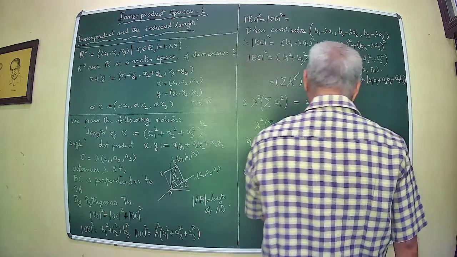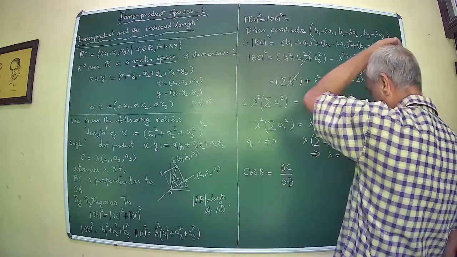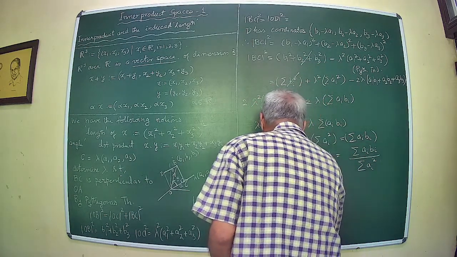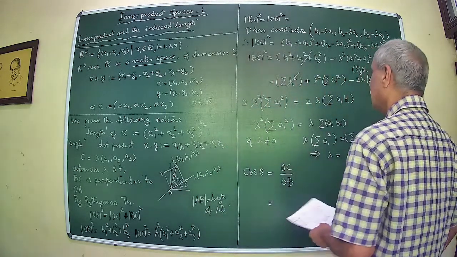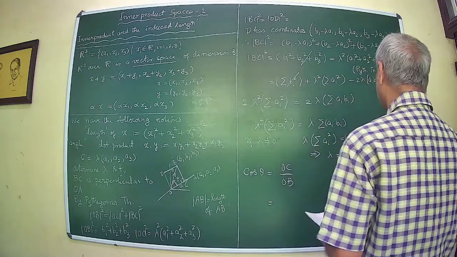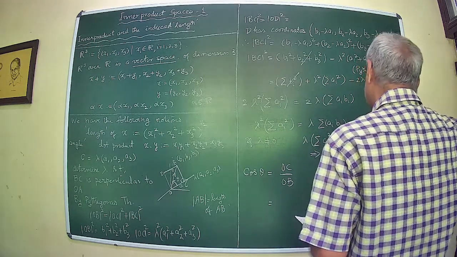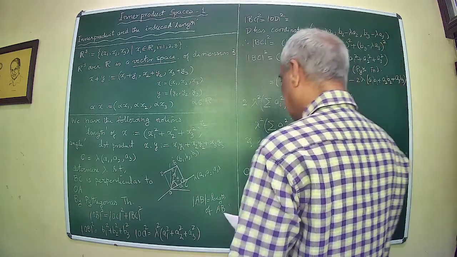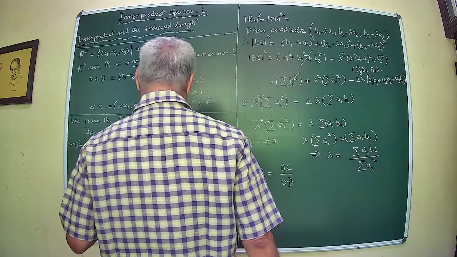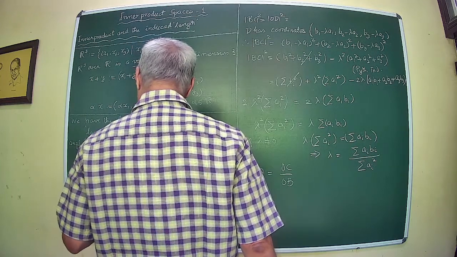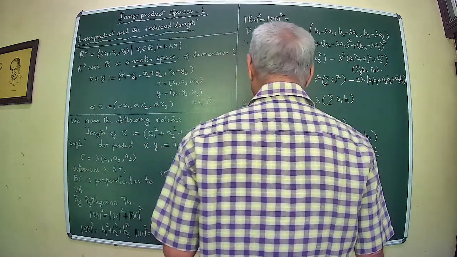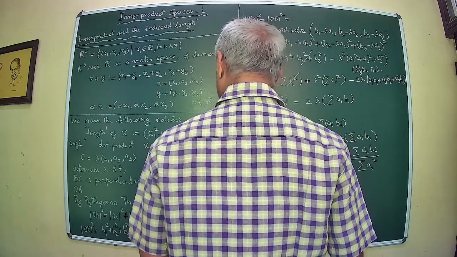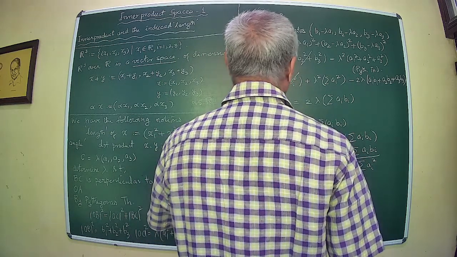And that you can compute from here. So OB is equal to, what is OC? OC is what we have computed, BC.